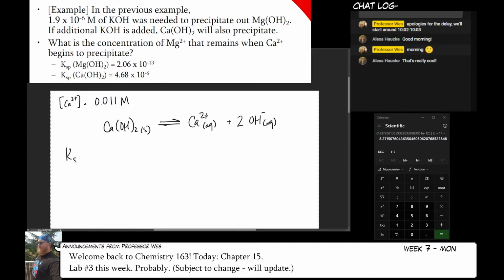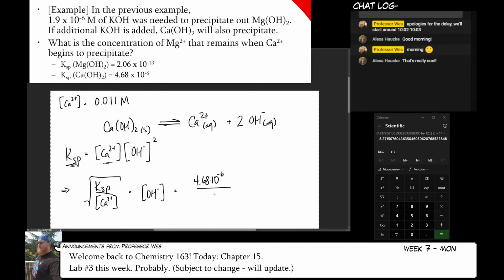And if I were to write out Ksp for this, I would get calcium and hydroxide squared. We're going to do this the exact same way because I know Ksp, that's known. I know calcium, so let's set up to solve for our hydroxide. This is a different Ksp, so I want 4.68 times 10 to the minus 6.